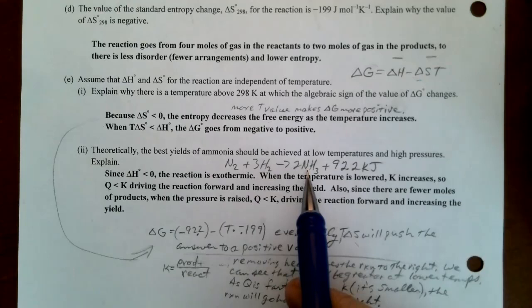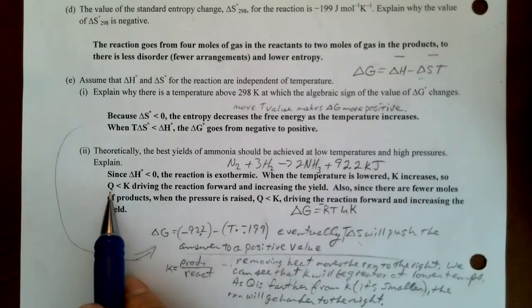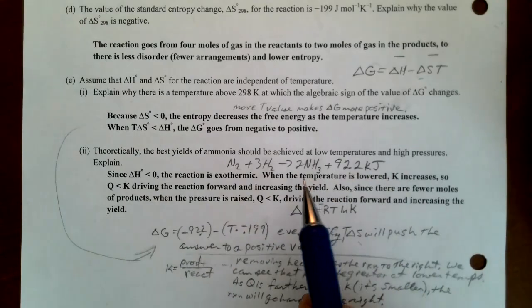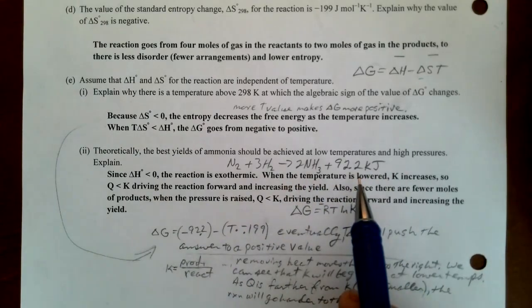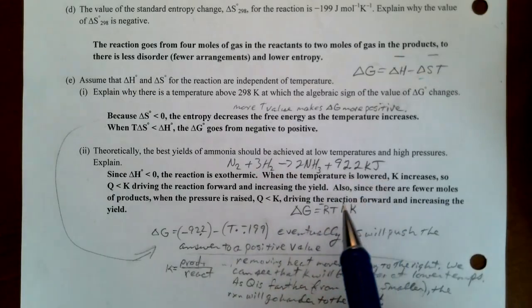And if K is growing, then the current set of circumstances that generates Q, remember Q is K math, but only at this exact moment, then Q must be smaller than K than normal because K is growing and Q hasn't been growing with it. If K is bigger than Q, then the reaction tends to proceed forward, which is just another way of proving the same point, that at lower temperatures, the reaction will want to proceed to the right.